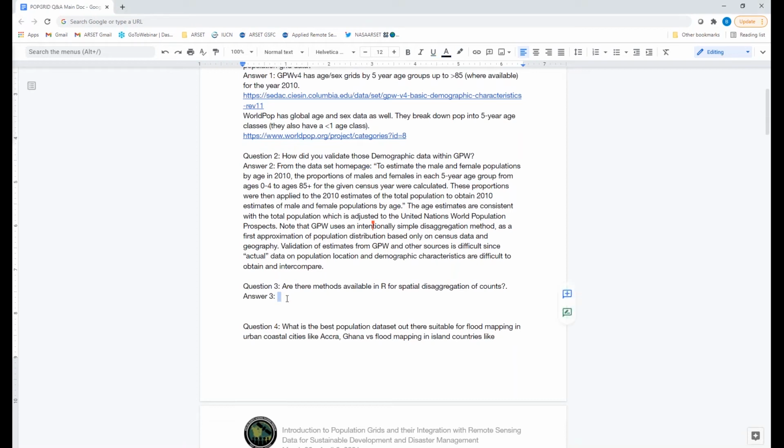And it's actually quite difficult to do what you might consider a full validation, that is comparing the estimates with actual, detailed location data for specific households that have specific demographic characteristics. Those data are very difficult to obtain at the scale we're talking about in all the different countries.